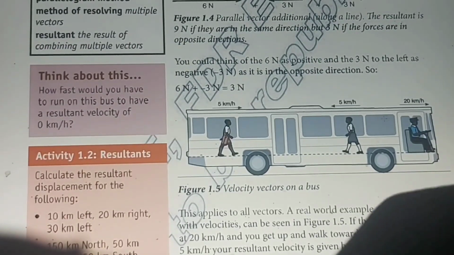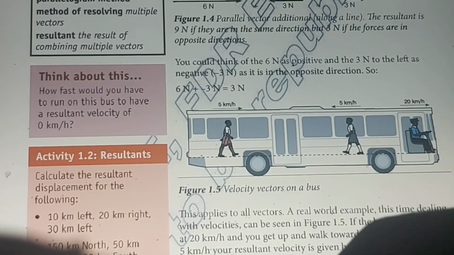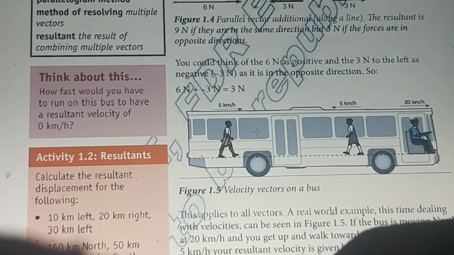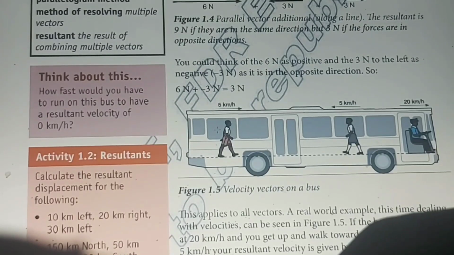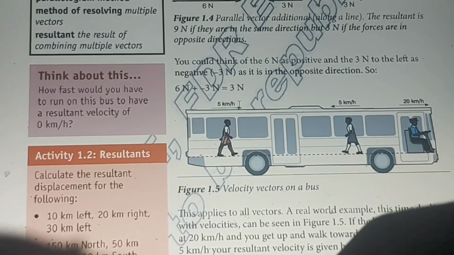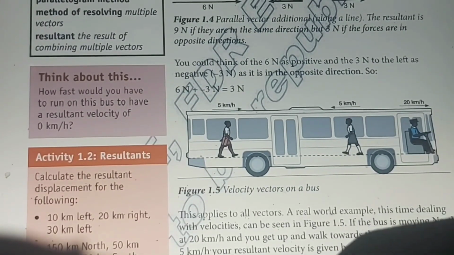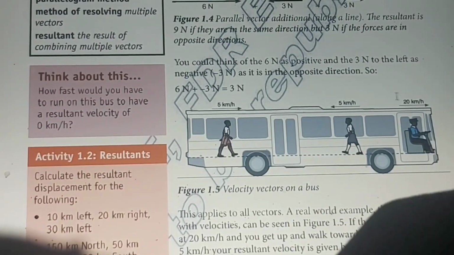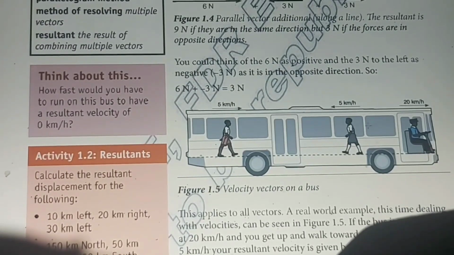For the first case, 5 kilometers per hour and 20 kilometers per hour are in the same direction. So we simply add, and we have 25 kilometers per hour to the east.